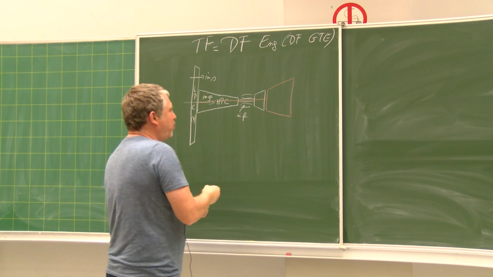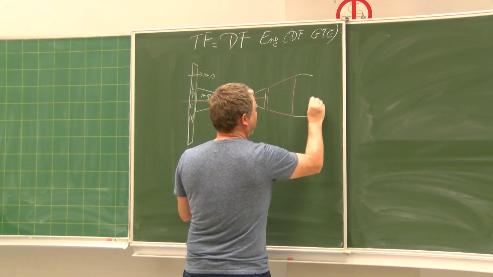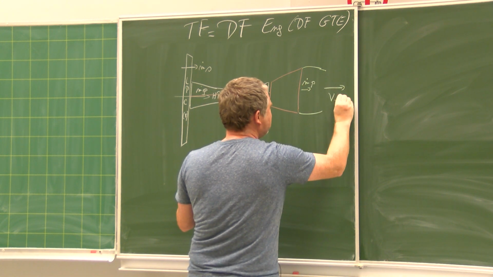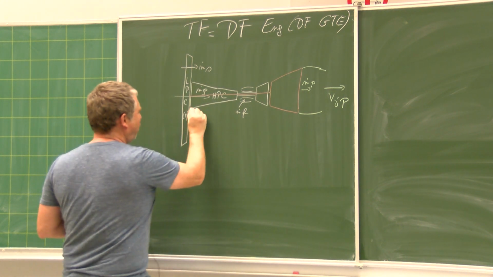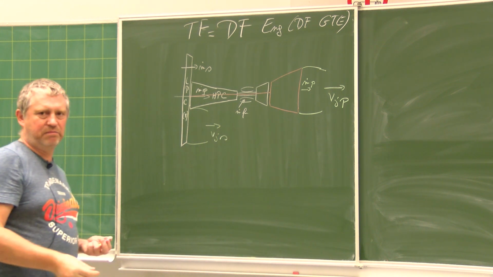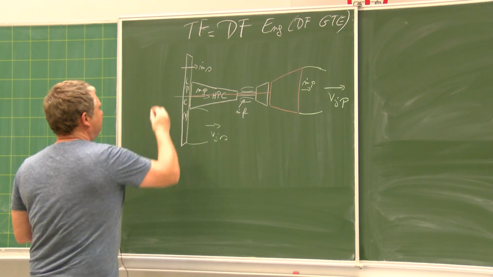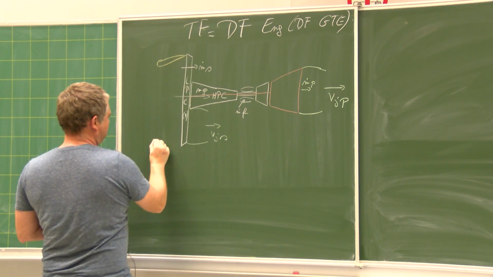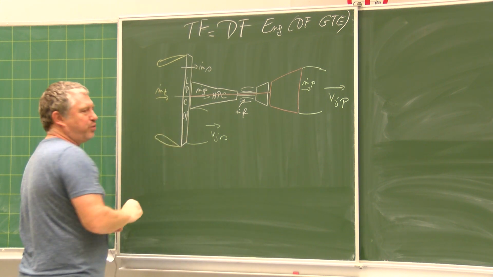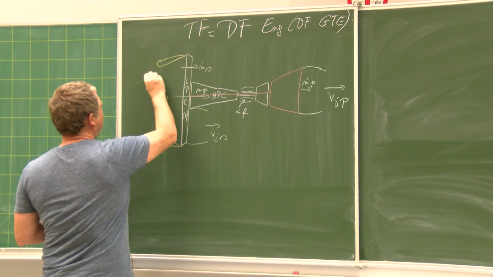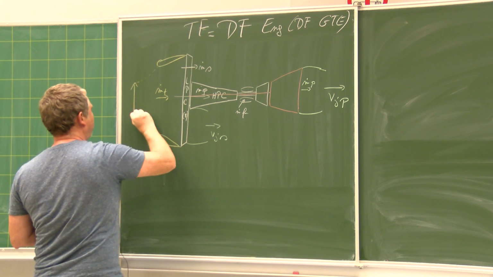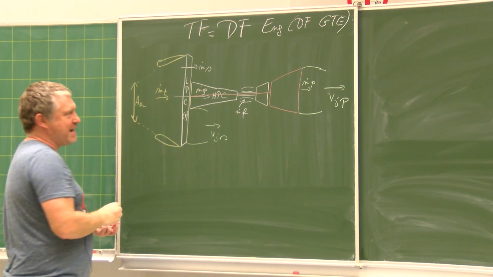Of course, we have two exhausts, one for the primary flow that will create a V-jet primary, and one here for the secondary flow that will create V-jet secondary. Of course, you have one intake here in front, and in the intake you have the m dot total. And in front, you have in cruise a fictive divergent like this, and you are absorbing the air through the section AA here.